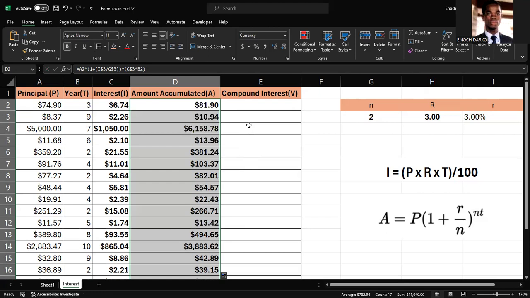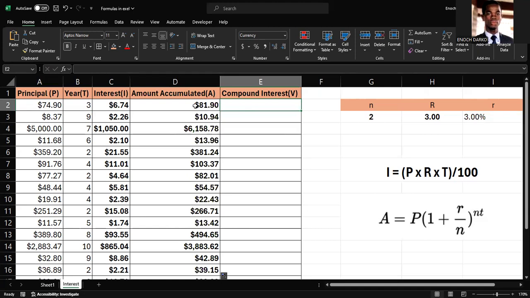That's how you calculate your amount accumulated using the compound interest formula. Now, if you want to know the real interest you got, you have to subtract the principal from the amount you get at the end of your investment.